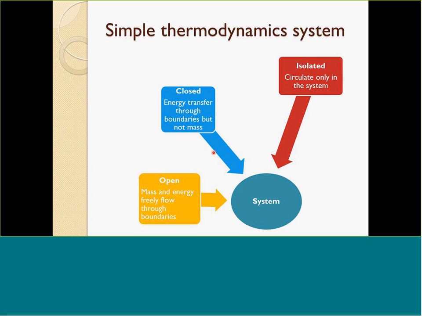This is a closed system, where you have the thermos. In the thermos, energy transfers through, but not the mass, so it's going to reduce. But a very good thermos is going to be in the group of isolated systems. Now you're also going to have the open system, where mass and energy flow freely through the boundaries.